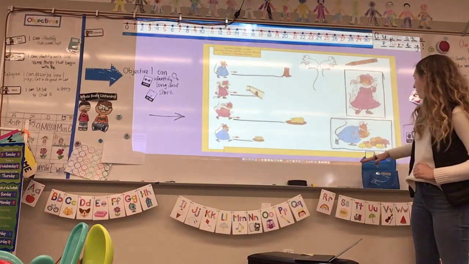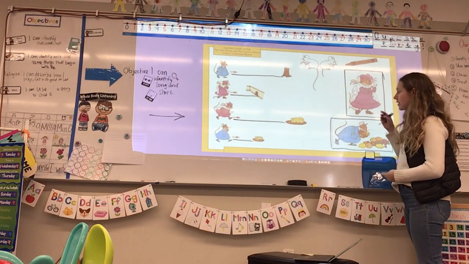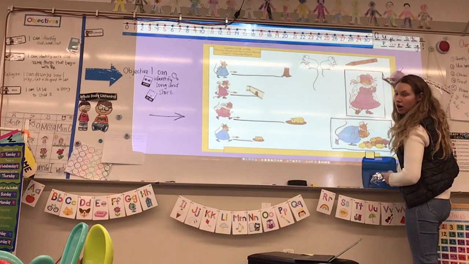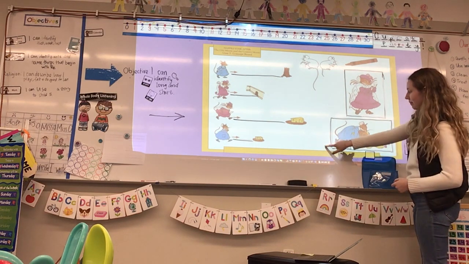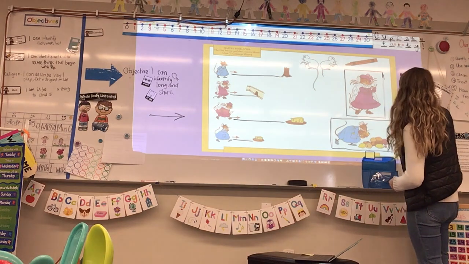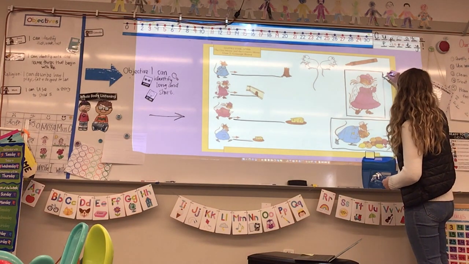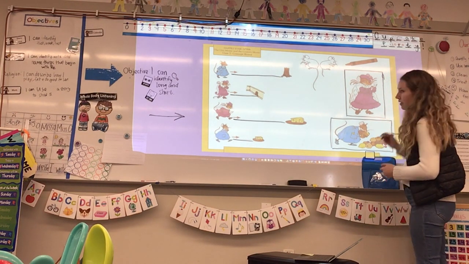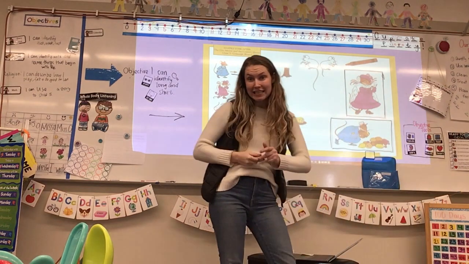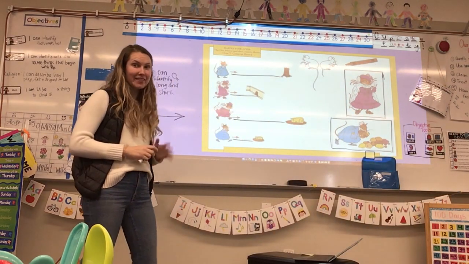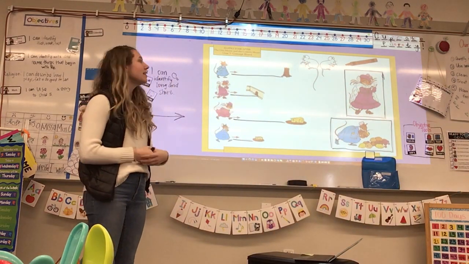So here, I have 2 rectangles. You can see that both of them have 2 longer sides and then 2 shorter sides. Maybe today you can practice making some rectangles when you're all done with your other work.